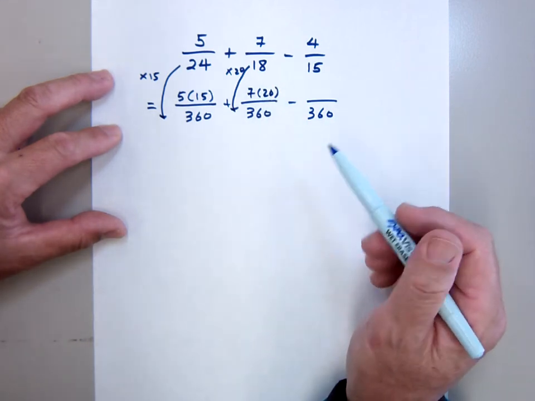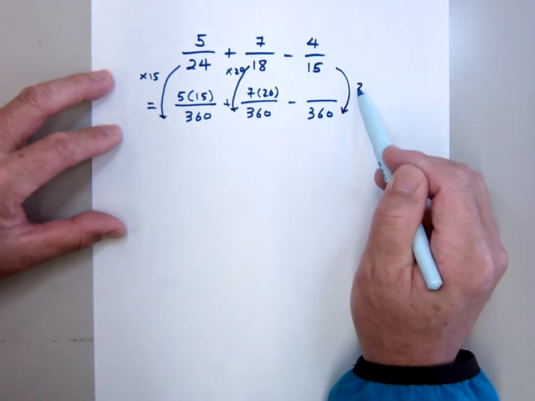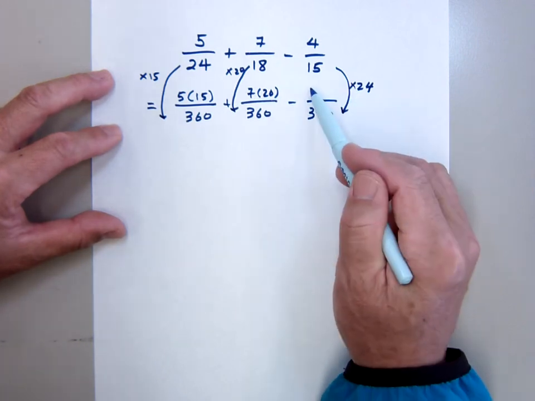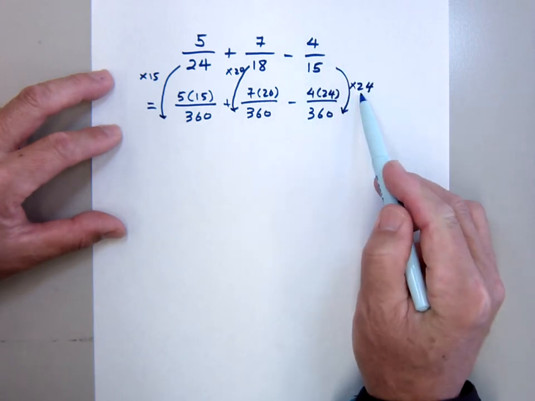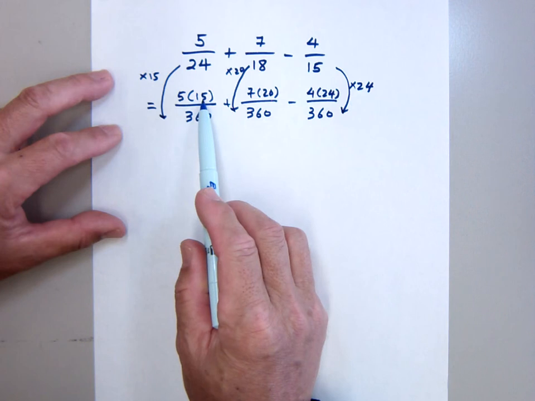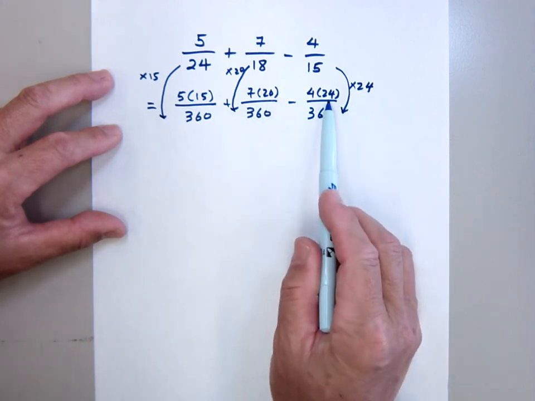And finally, 15 times 24 will give you 360. Therefore, we have to multiply the numerator 4 by this multiple 24. So hope you see where each of these new multiples, times 15, times 20, times 24, comes from.